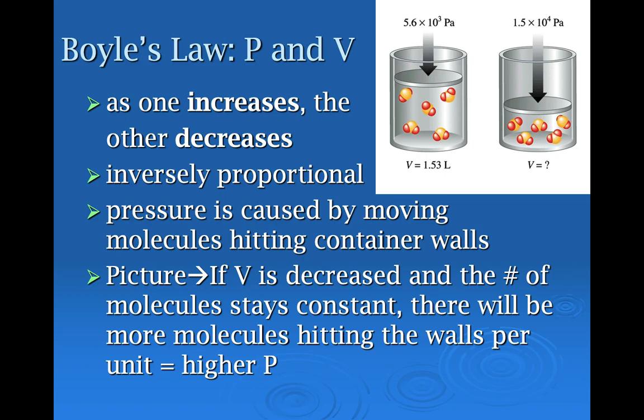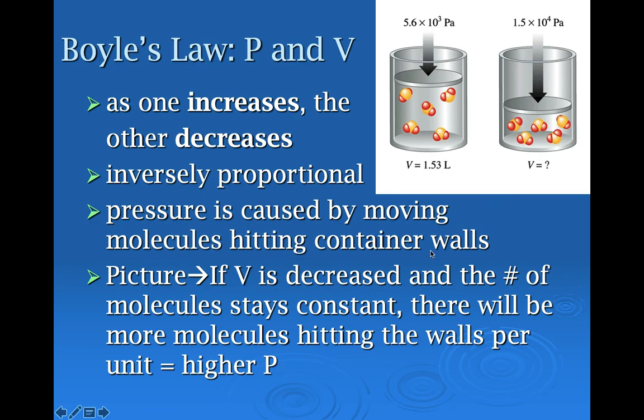So in the picture, we make that container smaller, so we decrease the volume. We have a high volume in the first picture, and a lower volume in the second picture. So we definitely know that the new volume is less than 1.53 liters.